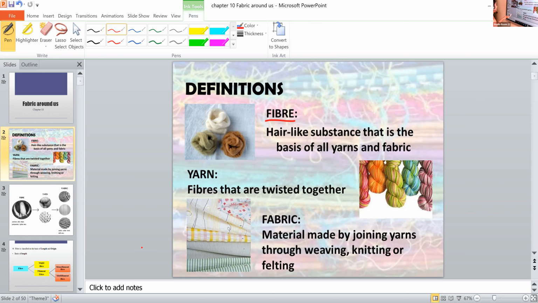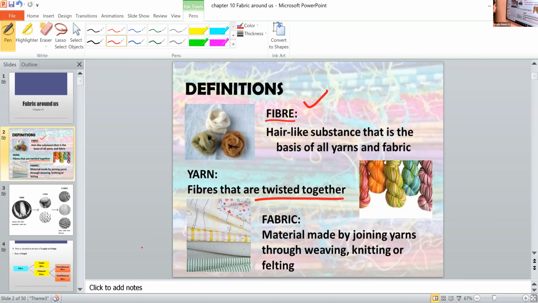Then yarn. What is a yarn? These fibers are twisted together. Threads are different, though threads are also made from fibers, from wool, silk and all.